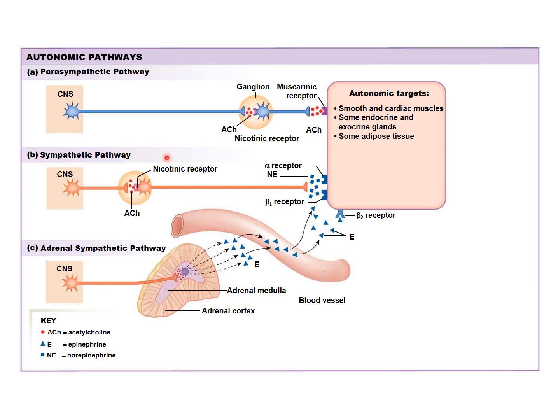The sympathetic pathway: cholinergic neuron, acetylcholine, nicotinic receptor. Adrenergic neuron, norepinephrine, adrenergic receptor, whether it's alpha or beta.